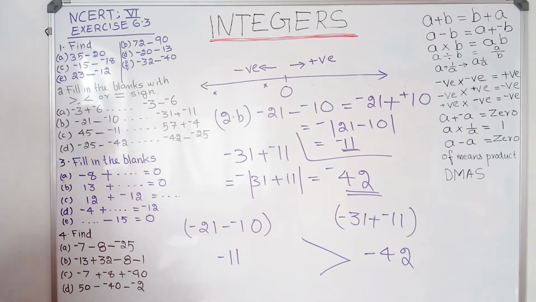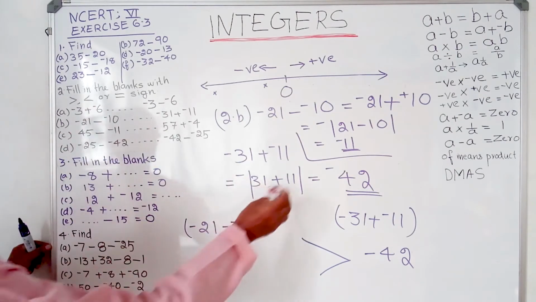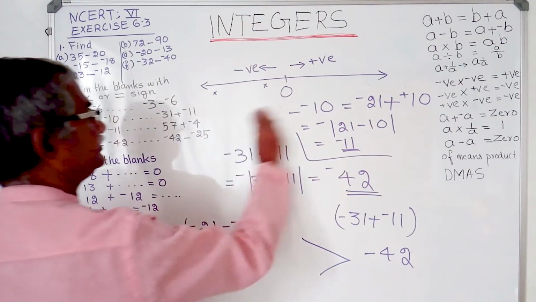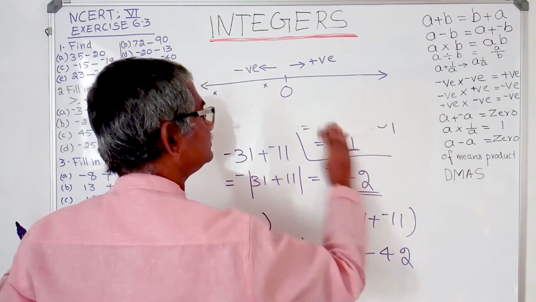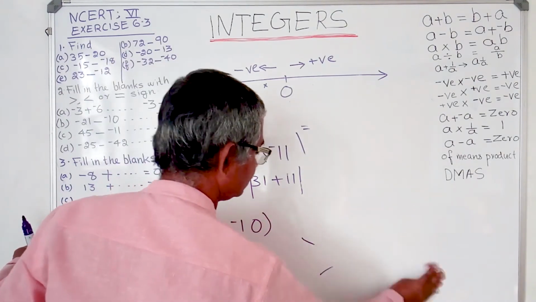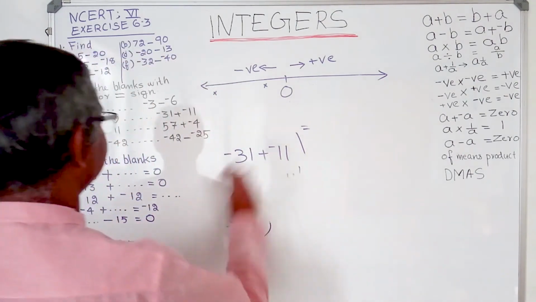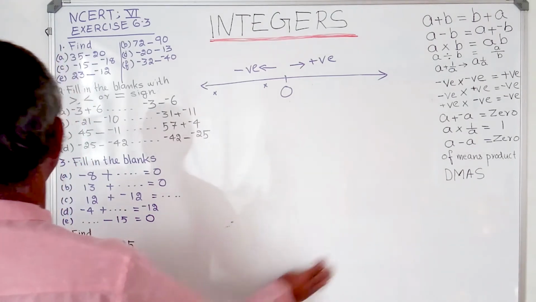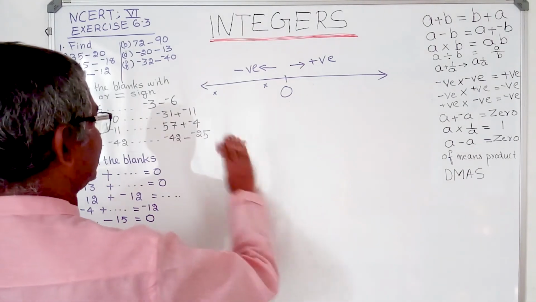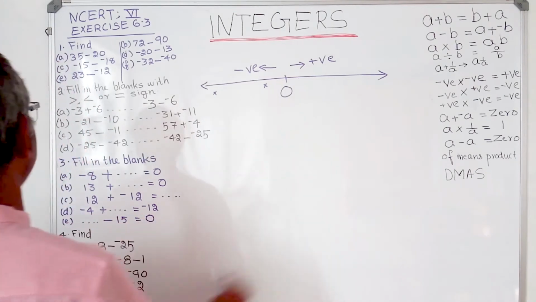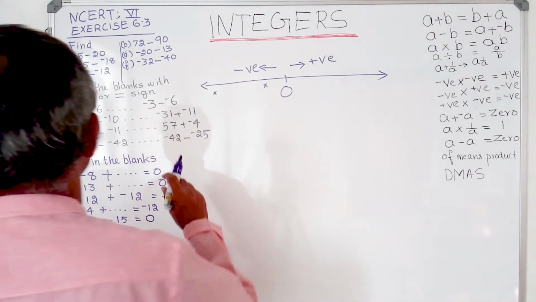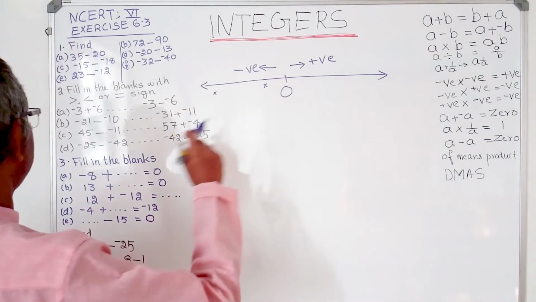So we can consider the third question, 2c. From a number, a negative is subtracted. From another number, another negative is subtracted.